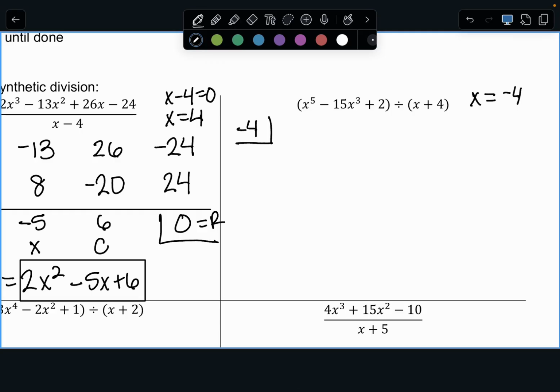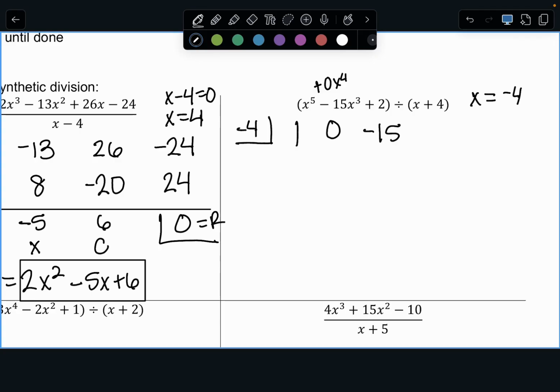Now I look at my coefficients. What's my first coefficient? 1. There's a 1 in front of this x to the 5th. What's the next coefficient? 0. I'm missing an x to the 4th term, so I need a 0. My next coefficient? Negative 15.